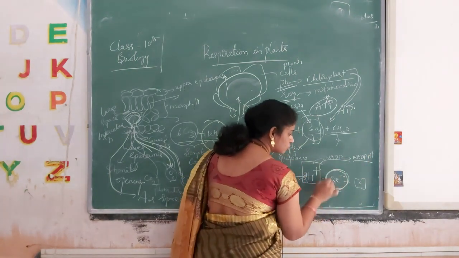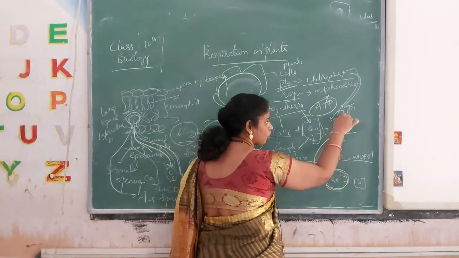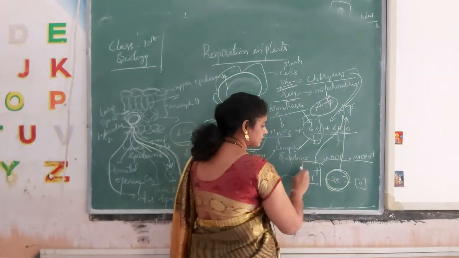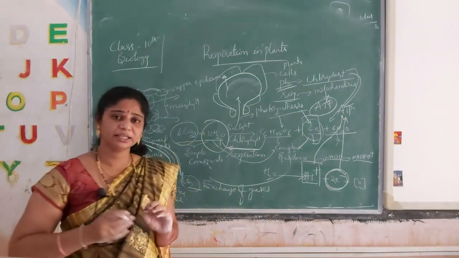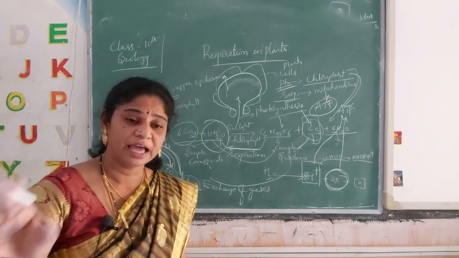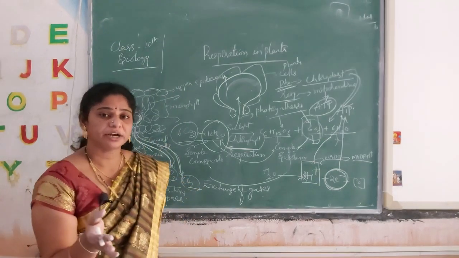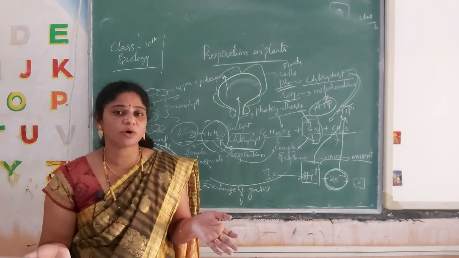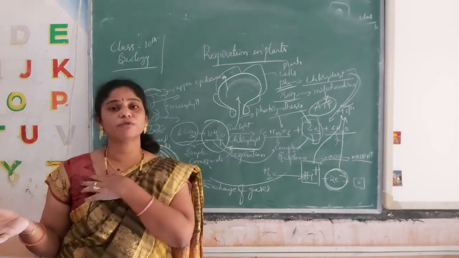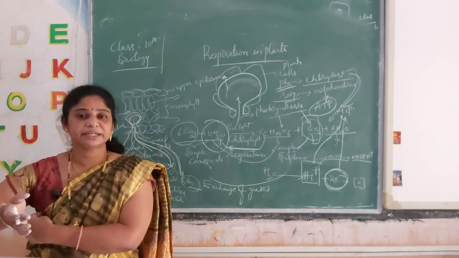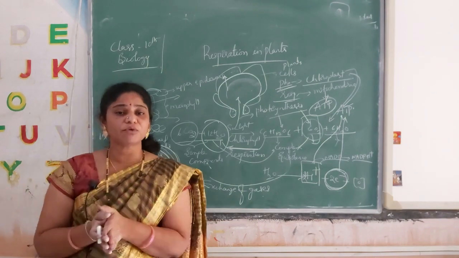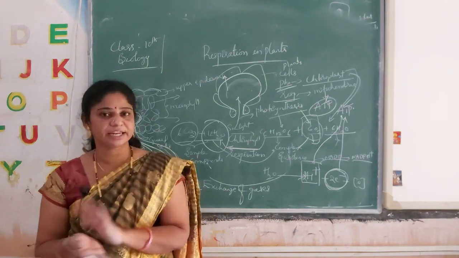Even the electron also participates in the synthesis of ATP. How does this happen? Water is split with the help of sunlight in the form of photons only. With the help of photons, the water gets split into protons and electrons.